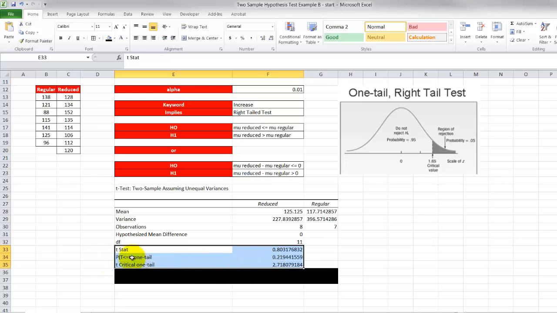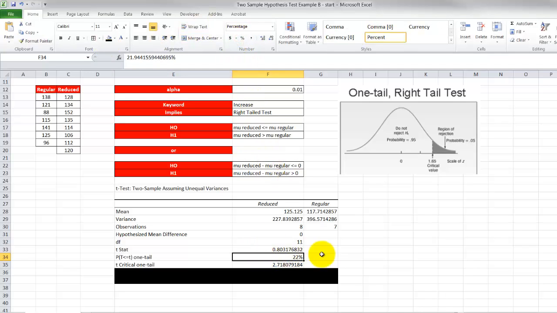You can always make your conclusion based on the p-value, but it takes some experience to get used to what this p-value means. 22% to me says that p-value is huge, and your test statistic, not the critical, is close to the center at 0.8.